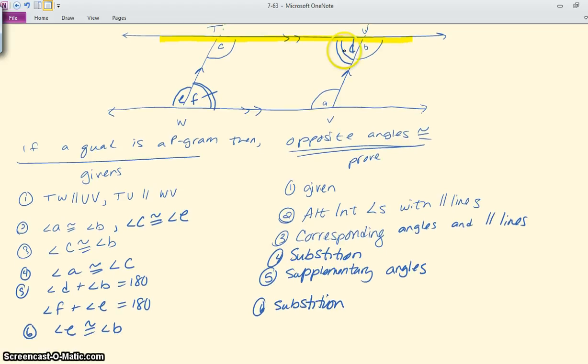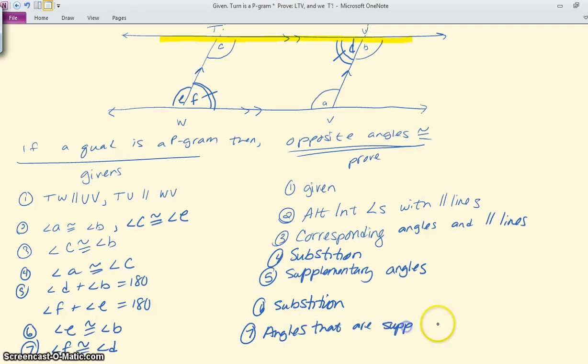Therefore, angle F must be congruent to angle D because angles that are supplementary to congruent angles are congruent.